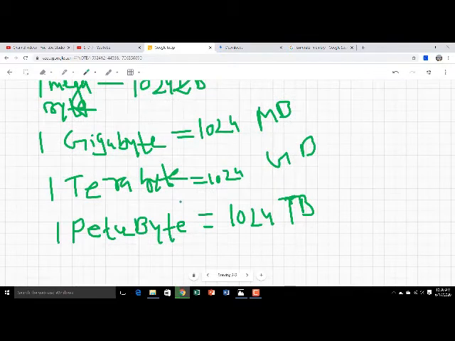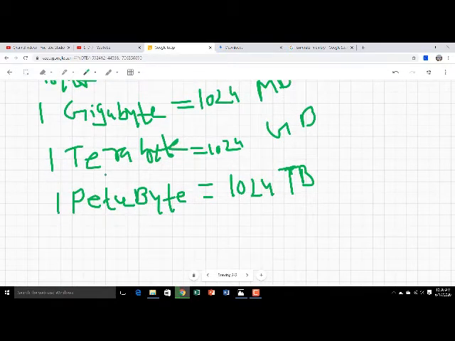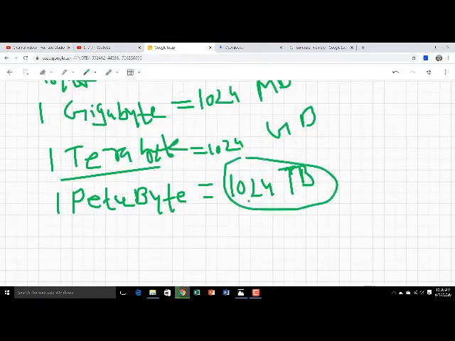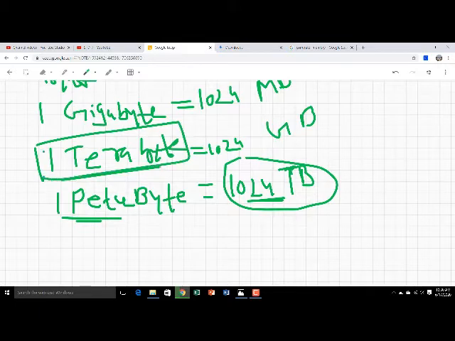These are memory sizes, different sizes. In our current days, we are all using up to the terabyte. 1024 TB make 1 petabyte. We are using 1 terabyte or 2 terabytes in our hard disk. Understand?